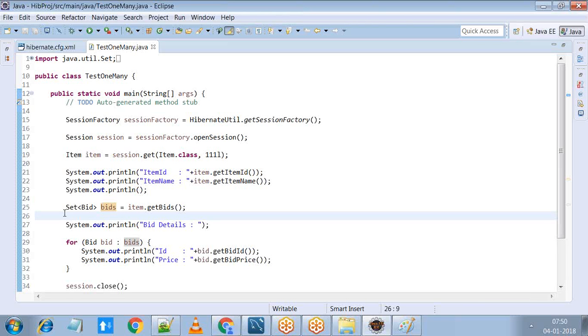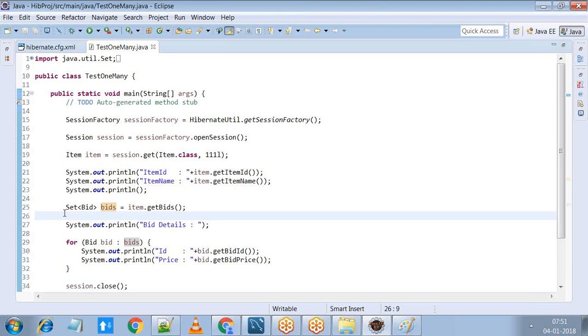That means this item object is associated with 10,000 bids. If whenever I fetch this item object, the 10,000 bid objects are also fetched from the database server and stored in memory, don't you think that is an issue? Irrespective of whether a user needs those associated bid details or not, we are unnecessarily loading 10,000 objects into memory, and we are blowing up the memory.